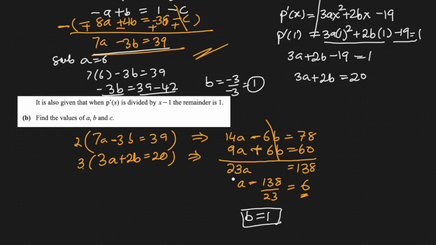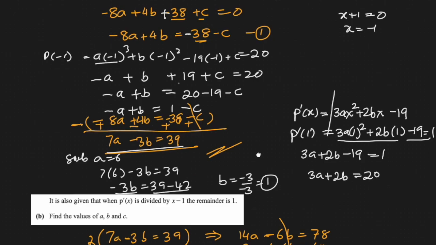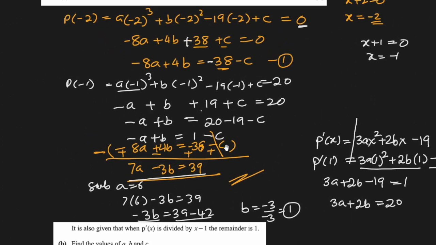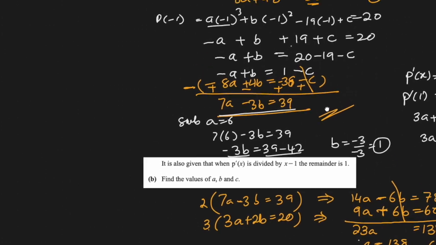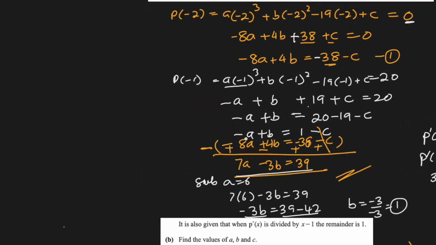And now remaining is c. For c, we'll choose an equation where c is also present. Let me use this one: minus a plus b. I know b is 1, a is 6. So minus a, which is minus 6, plus b, which is 1, equal to 1 minus c.